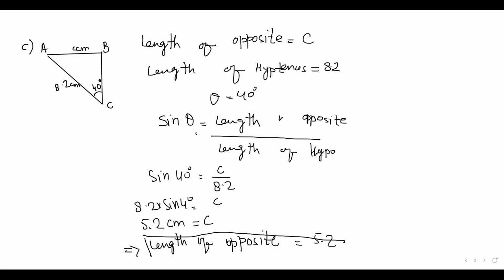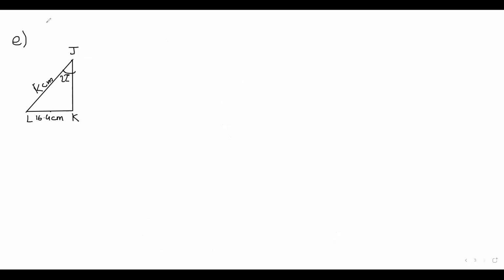So moving on to the next question. I have already written the question, so we will be solving this one. In triangle LJK, the angle given at point J is 22 degrees and LK length is given as 16.4 cm.